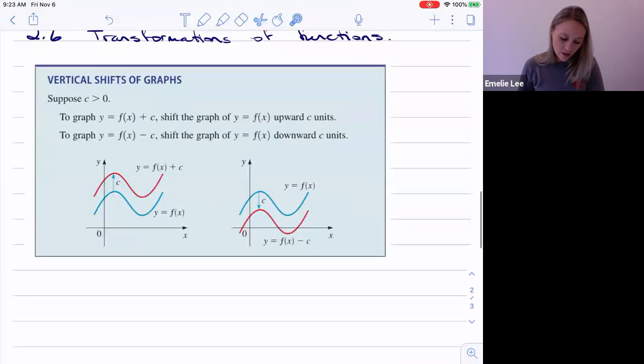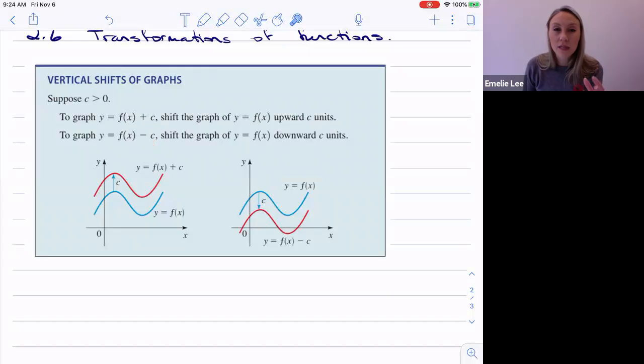First thing we're going to do is, if we have a function f of x, we're always going to assume that c is greater than 0. You'll see c comes up as a general value when we're talking about transformations. If we have f of x plus c, that means you're going to shift the graph of f of x upwards c units.